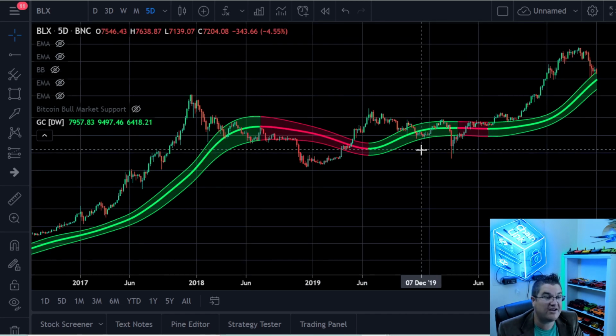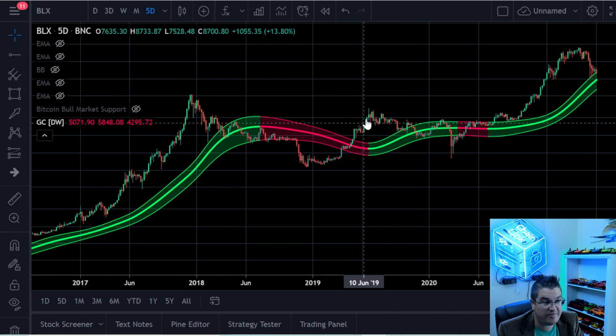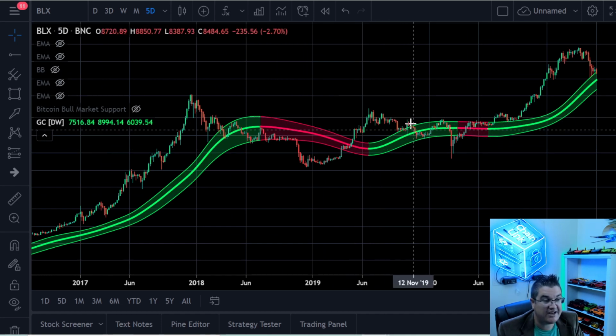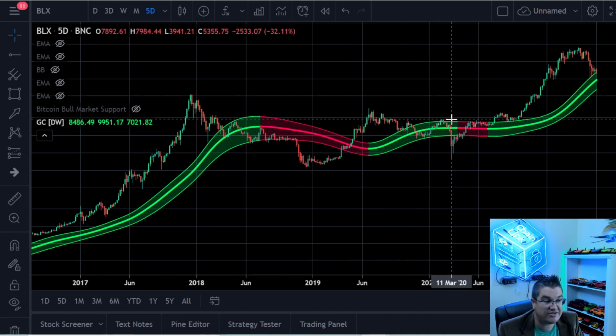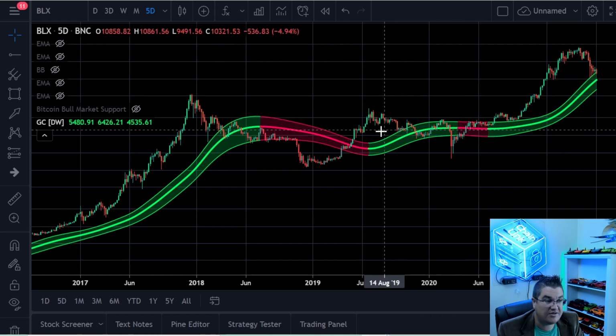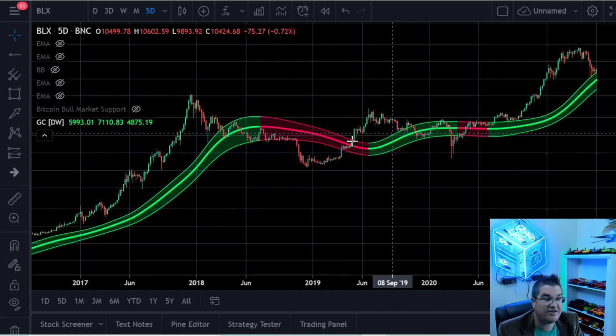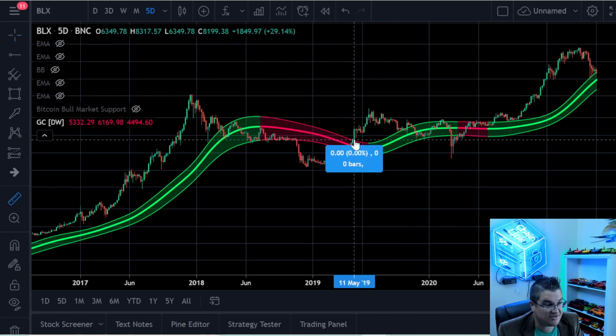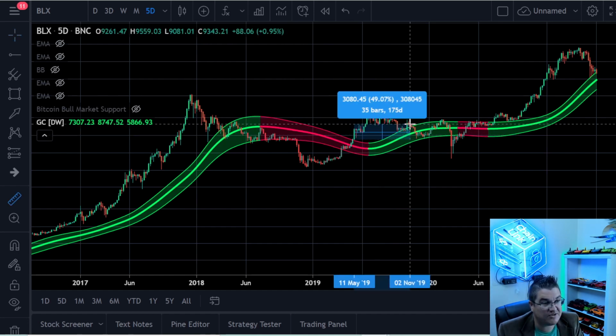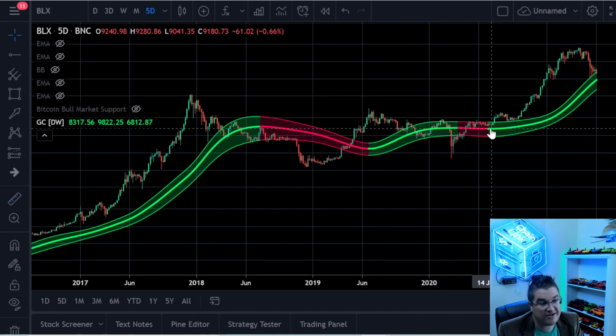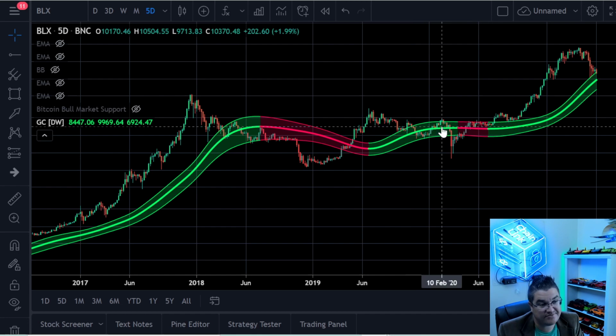We had some fake outs right here. This was probably the only real anomaly, and that was really because of the virus. We had the super drop, but this was few and far between. This is the only one in history, right? And even that, we came out of it just for 180 days, so 6 months or so, and then entered again because of the virus.